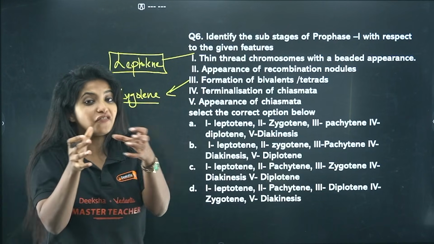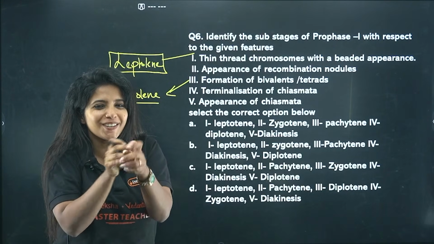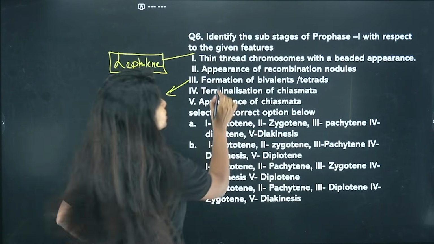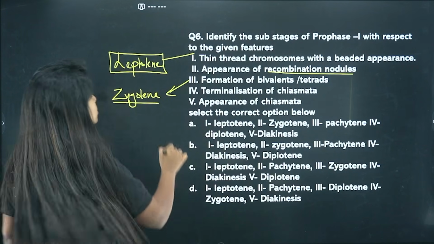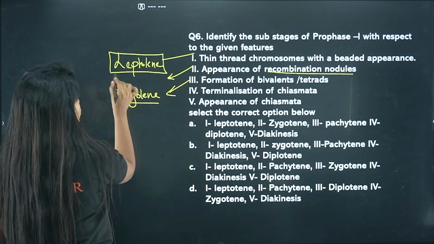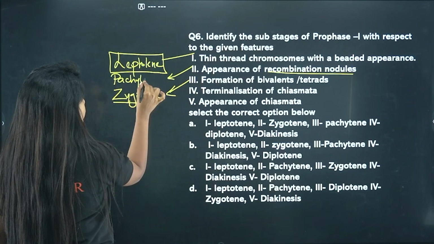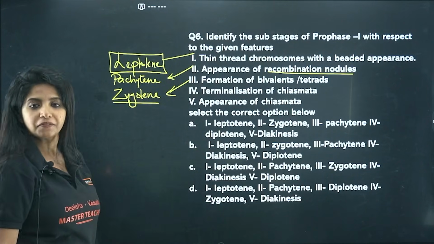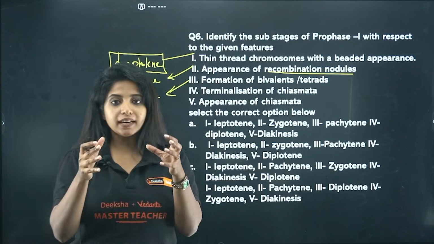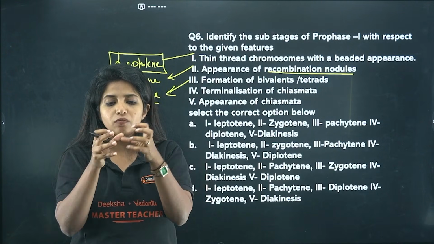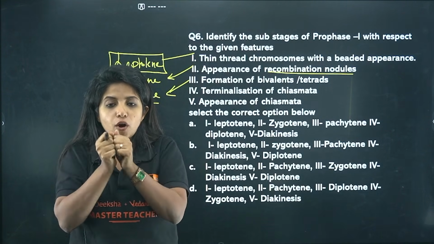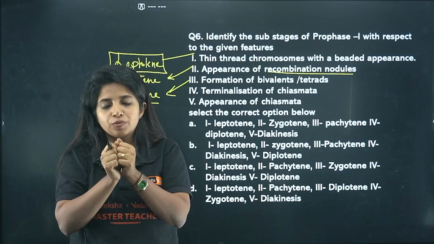Now, when they are very close to each other, there are chances that crossing over is going to happen. So there is appearance of recombination nodules, which happens in the next stage, known as pachytene. Now, when recombination nodules are formed, a synaptonemal complex is formed. Something is gluing both of these bivalent chromosomes.